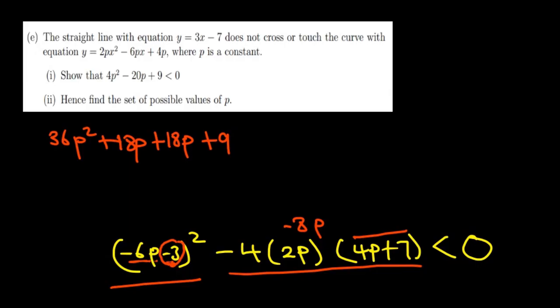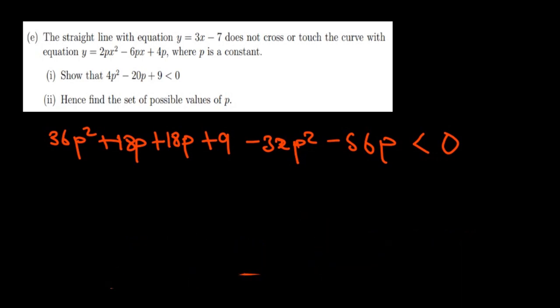We're going to get minus 32p squared, and then minus 8p multiplied by 7, we're going to get minus 56p, and we know that this is less than 0.